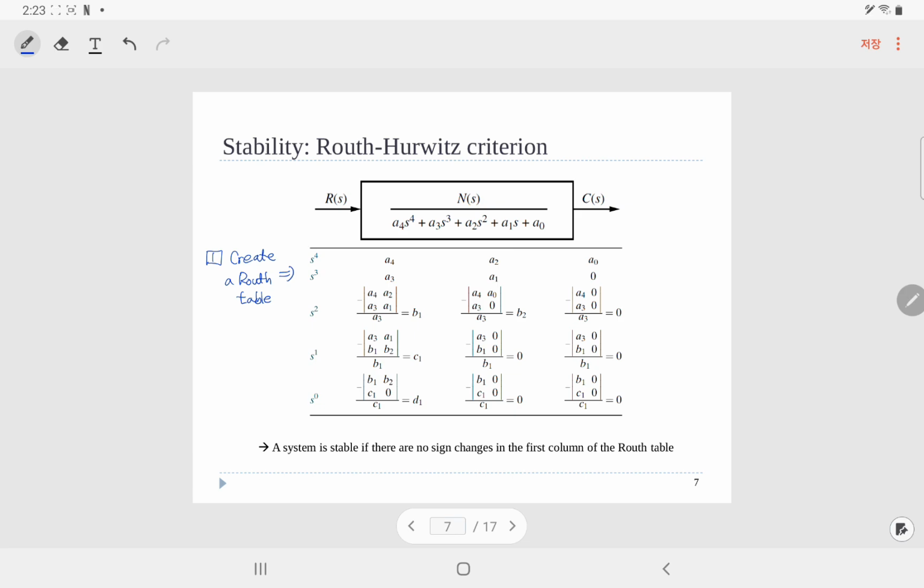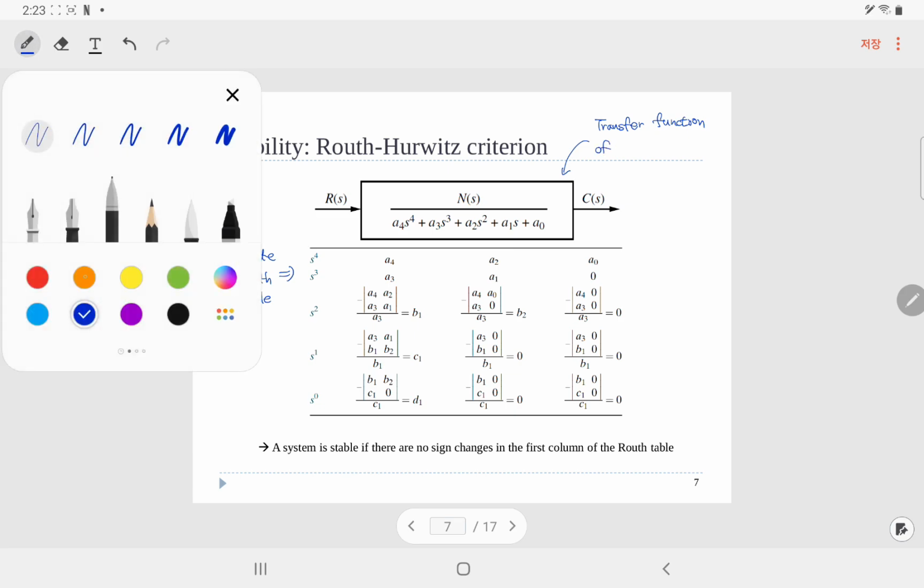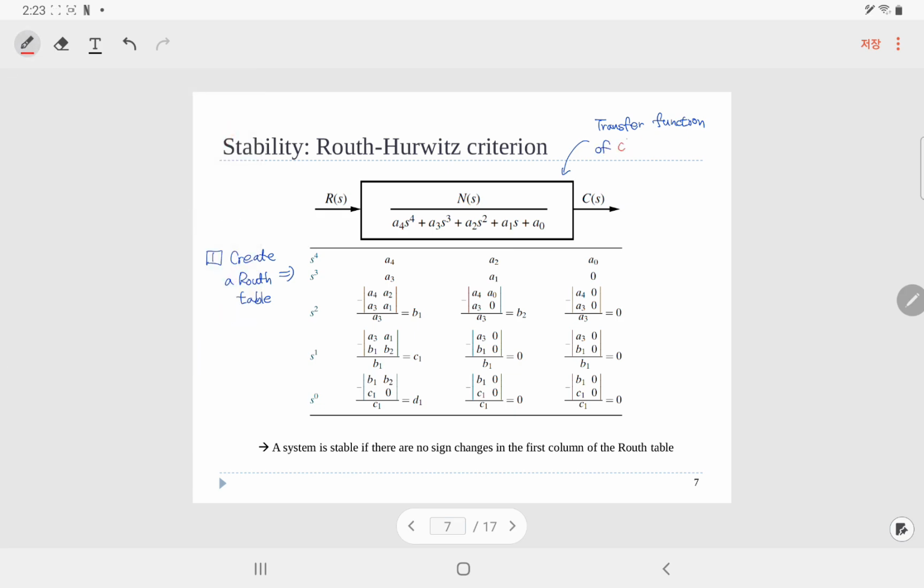To explain that, here we assume that the transfer function of a certain closed loop system is given like this. So this block denotes the transfer function of the closed loop system.